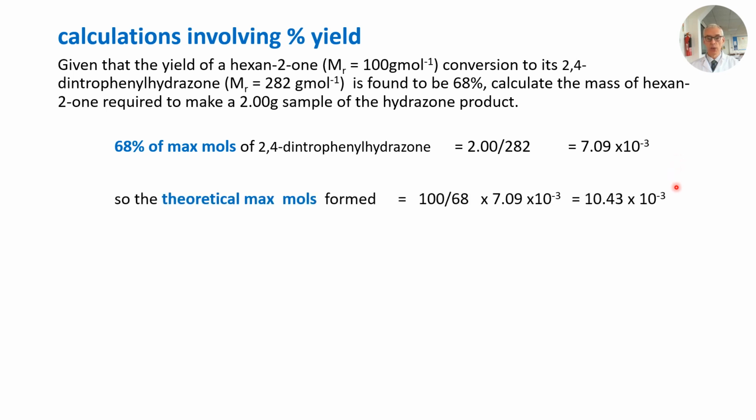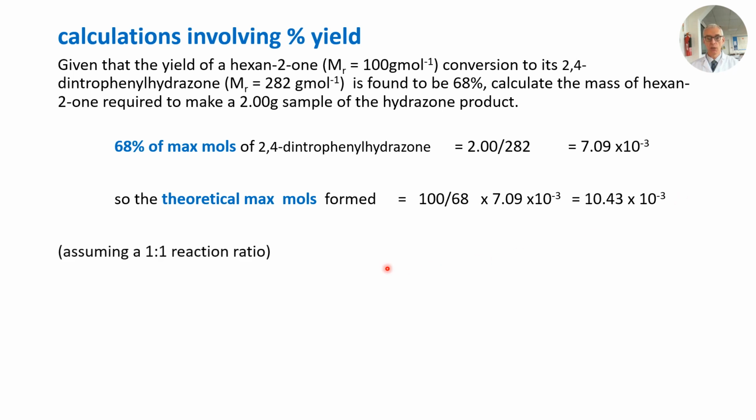From that, we can then work out the maximum theoretical moles, which is, of course, 100 divided by 68 times 7.09. So the maximum theoretical moles in this reaction would have been 10.43 times 10 to the minus 3.